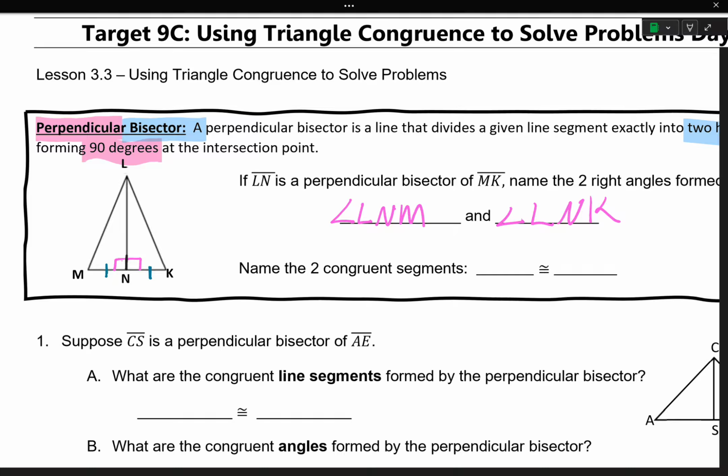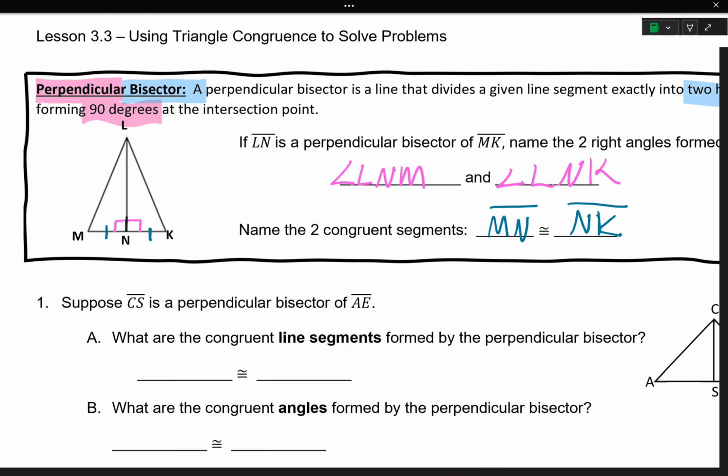We also get two perfect congruent segments, MN and NK. I was going to say perfect halves, and then I saw the word congruent, but they're congruent, and they're halves of MK. All right, let's practice that another time.